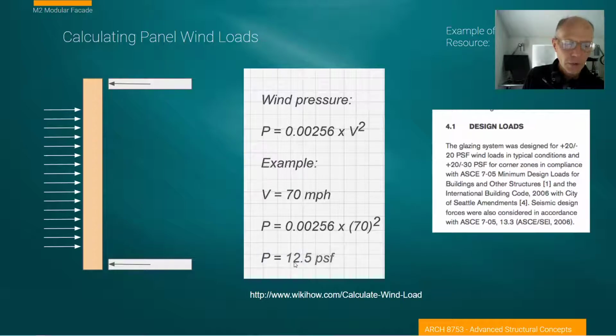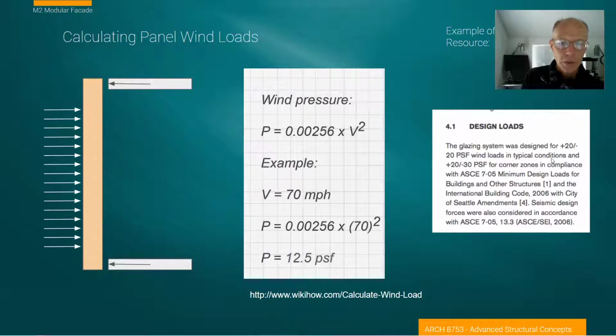And that gives us pounds per square foot, which is very useful for us because we're used to imperial values, not metric, for many of our calculations. You'll notice here that at 70 miles an hour, we get 12.5 pounds per square foot. And that correlates very closely with a little bit of research I did.